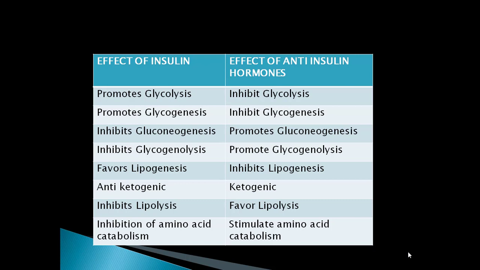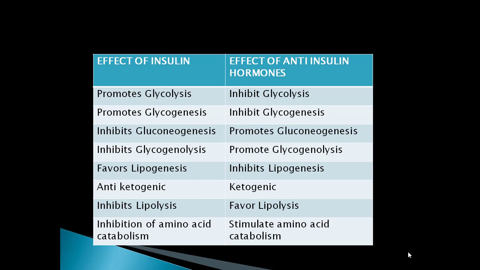If you see the effects of insulin on lipid metabolism, it favors lipogenesis, it tends to synthesize lipids. It is anti-ketogenic in nature and it inhibits lipolysis because glucose is already there for generation of energy. So there is no need for lipid to undergo breakdown and generate energy. So it inhibits lipolysis.